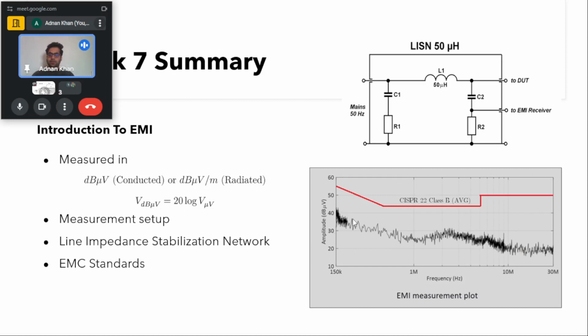Only then are these electromagnetic compatibility standards, like I told you, met, and only then can the device be passed and further put into production.